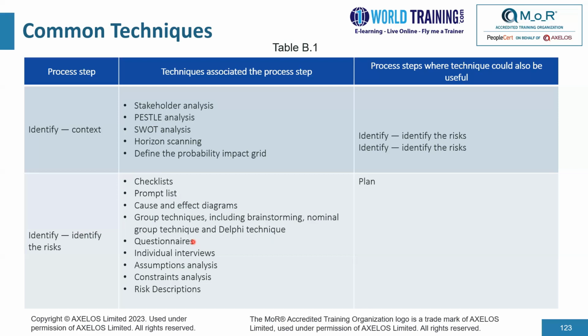We could use questionnaires from past projects on a current project, or we could create one from scratch. Individual interviews can fetch pretty good ideas on the risk front. The downside of individual interviews is that they consume a lot of time, and if time is a constraint on your project or program, individual interviews are not usually recommended techniques.